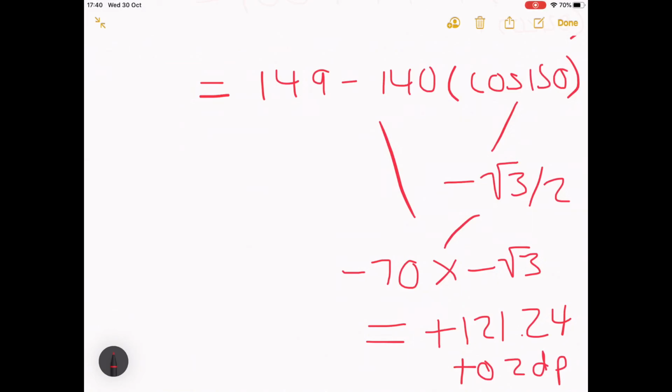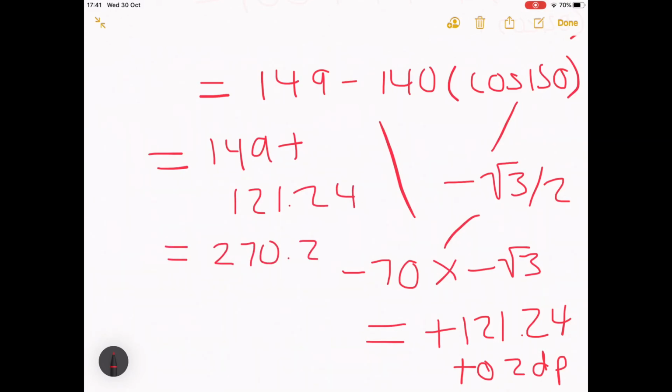So now you've got the value of minus 140 times cos 150, you would just add 149 to that, so 149 plus 121.24, which is 270.24 to 2 decimal places.